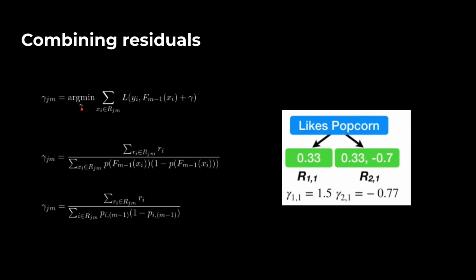Because we want to find the minimum gamma, aka the log odds, such that we minimize the loss between the expected value and the previous prediction plus the new gamma for all of the training examples in this residual group, right? So in this one, we're minimizing these two.